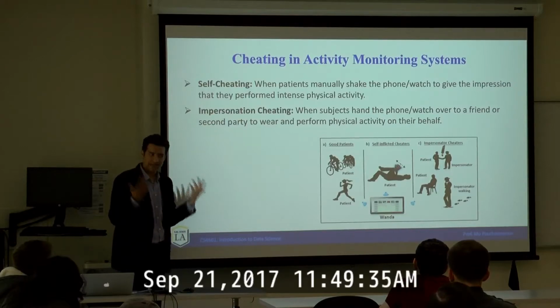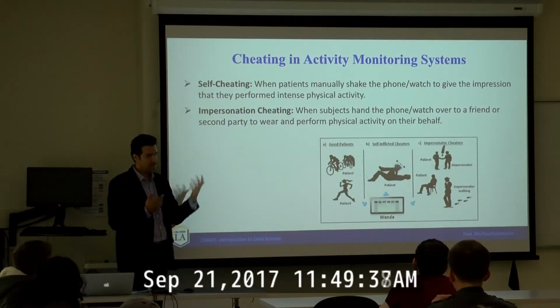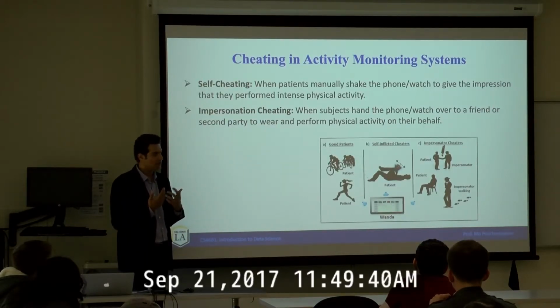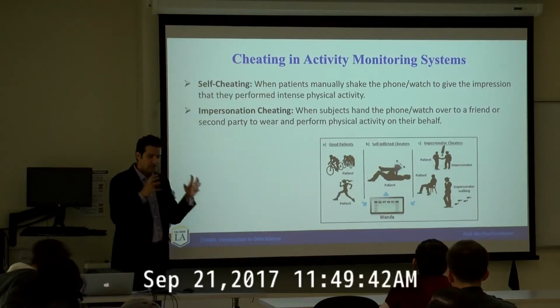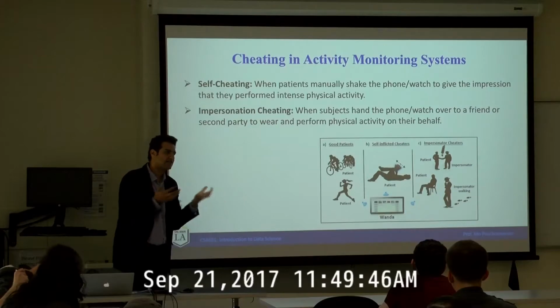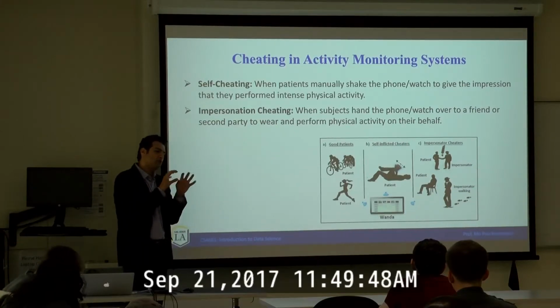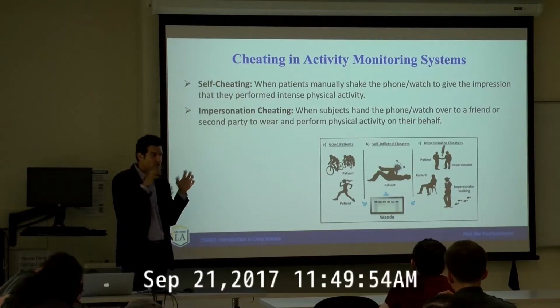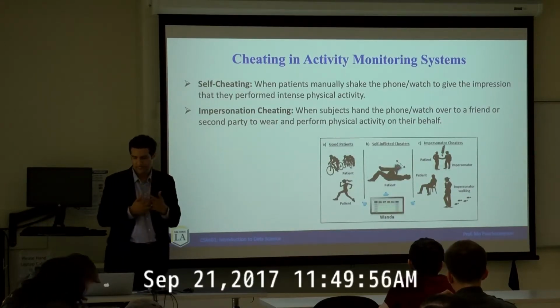It is not just random. This is different from random. So rather than just estimating the entire physical activity level, we try to find a pattern in that. We try to see if we see a walking pattern or it's just some random shaking.